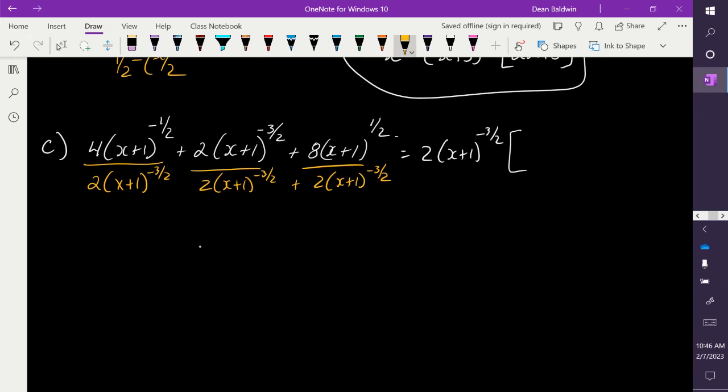So 4 divided by 2 is 2. Negative 1 half minus negative 3 halves. Flip the signs. Two over 2, which is just 1.